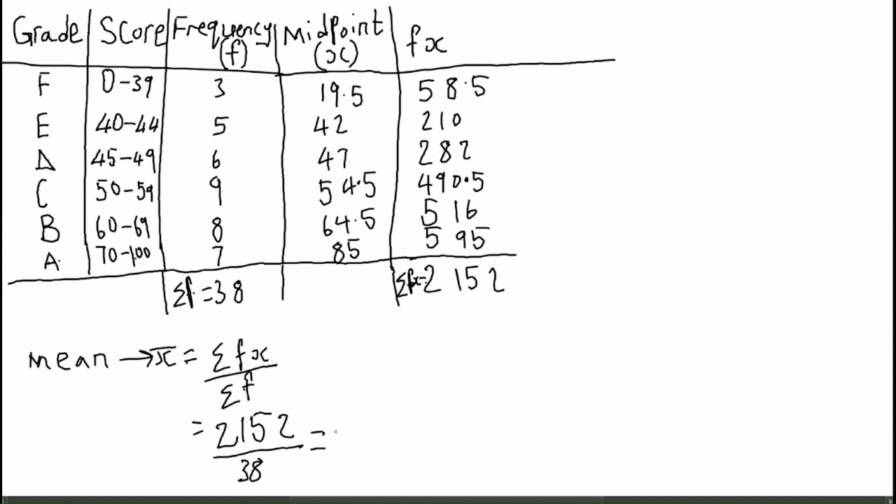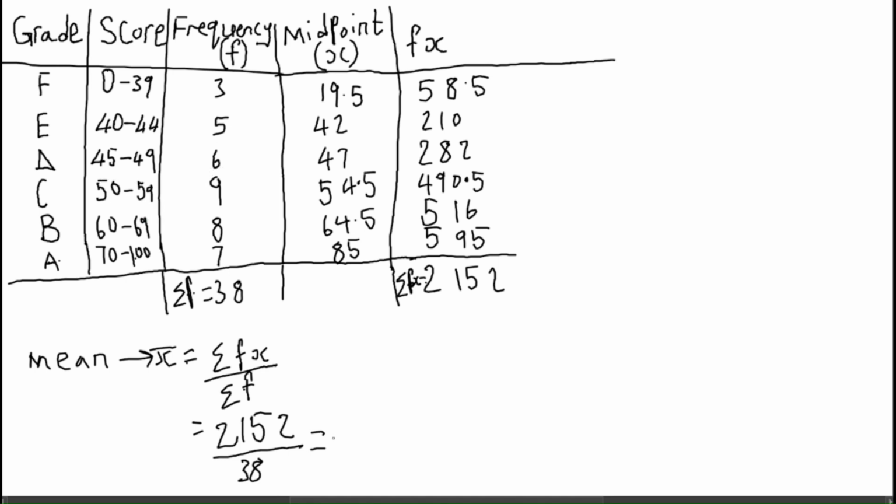Now, before we divide it, where do you think the mean is going to be? In which interval? Will it be in this interval, this one, this one? Which one? Notice the highest frequency occurs here. The chances are the mean is going to be between 50 and 59, because most students scored in that range.